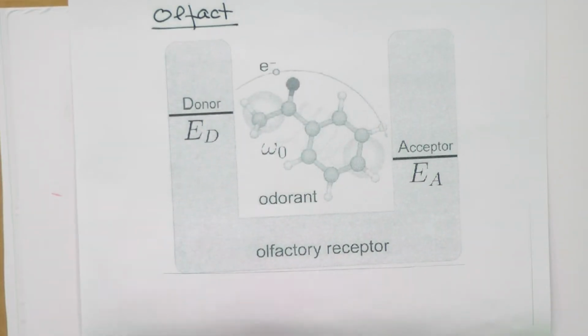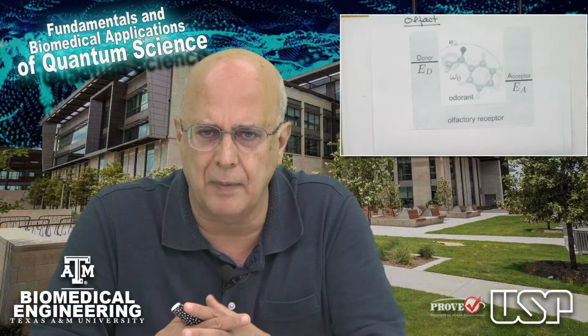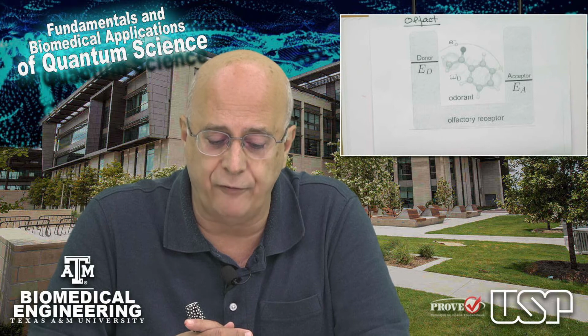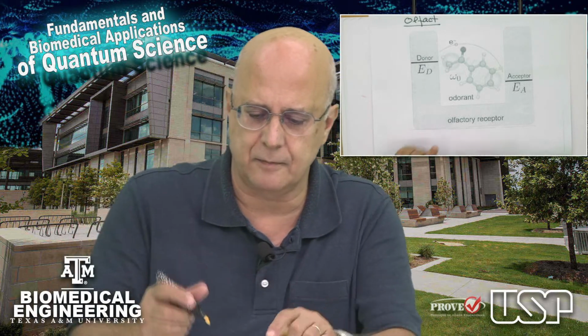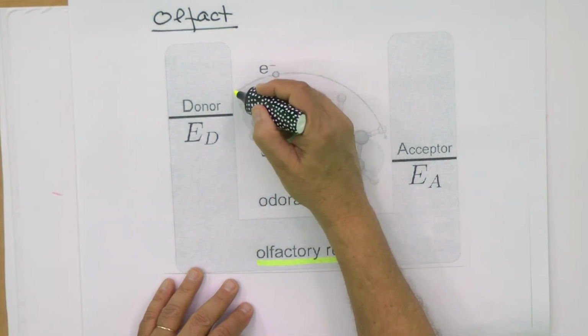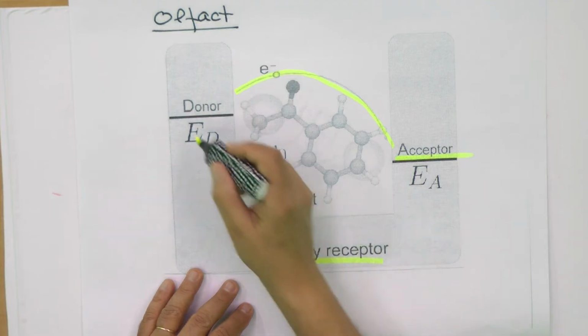And finally, in olfaction, they claim that for molecules to reposition themselves so they can be detected by our olfactory system, which they call olfactory receptors, there is tunneling going on for the electrons from the donor to the acceptor.